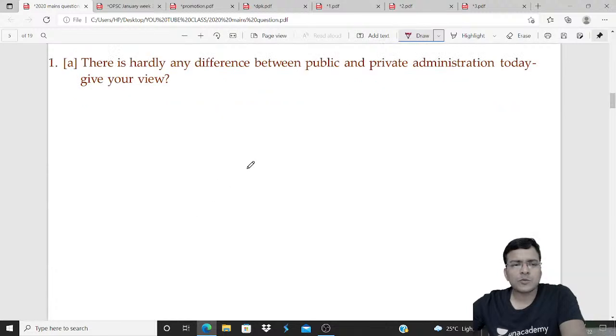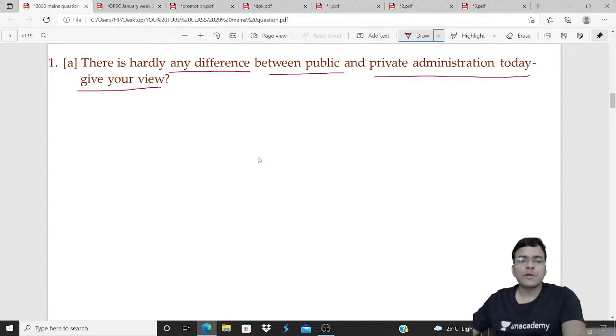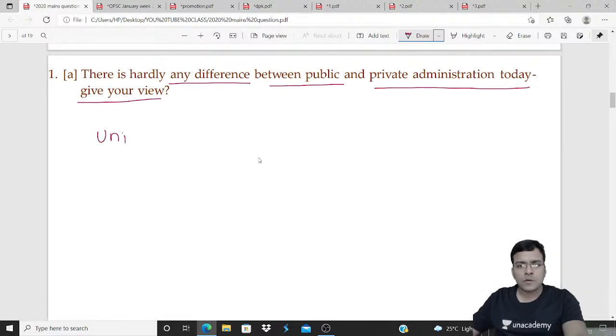So this is the first question. There is hardly any difference between public and private administration today, give your view. So here you have to take cue from Unit 1 and Unit 2.